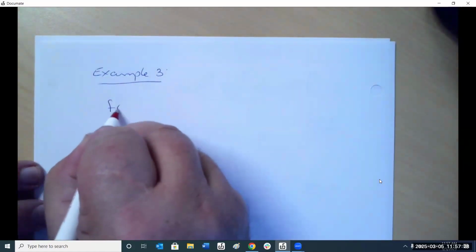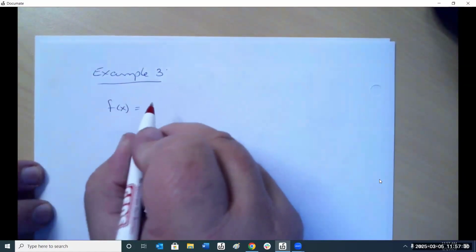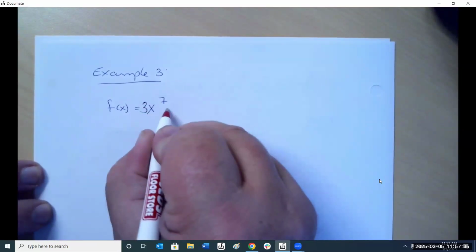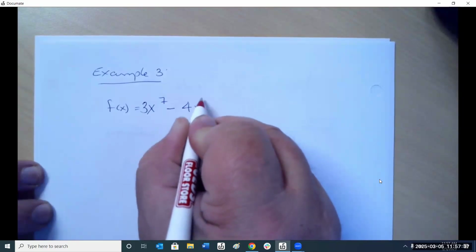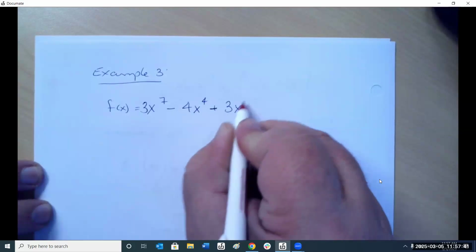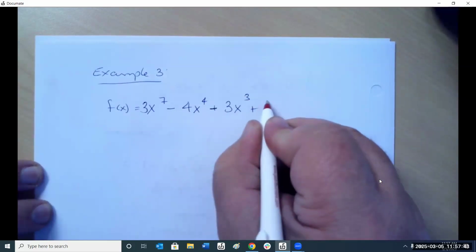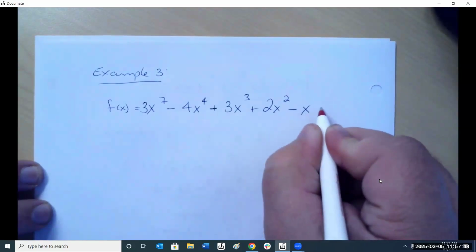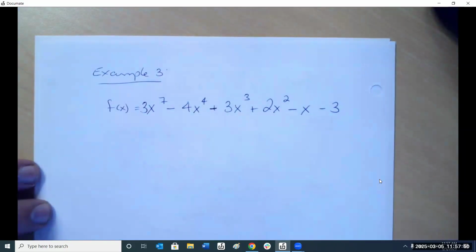Here's our polynomial: f of x equals 3x to the 7th, minus 4x to the 4th, plus 3x cubed, plus 2x squared, minus x, minus 3.